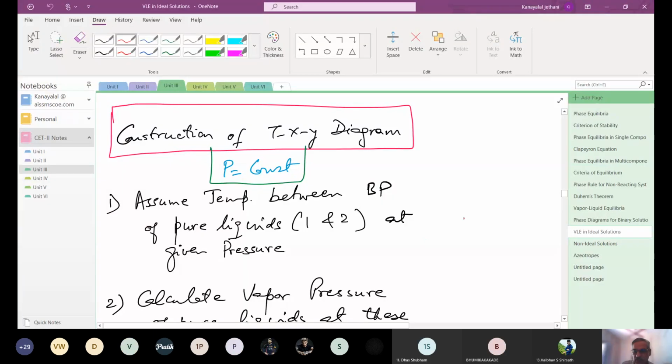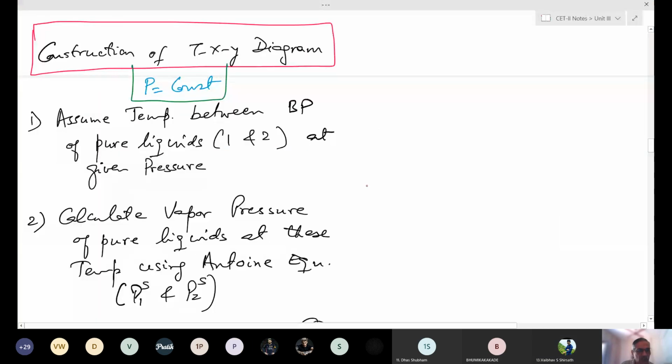Can you see this construction of TXY diagram? Right, this we had seen. This I told you the procedure for constructing TXY diagram. So pressure is constant. हमको दिया हुआ है. Pressure कितना दिया हुआ है? 65 kilopascal. This is given, right?